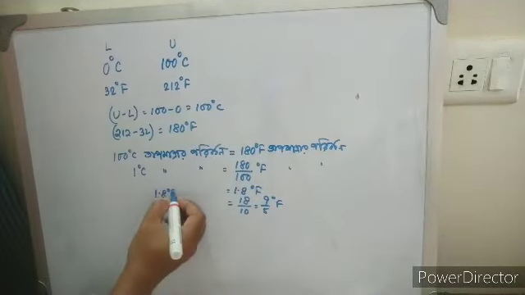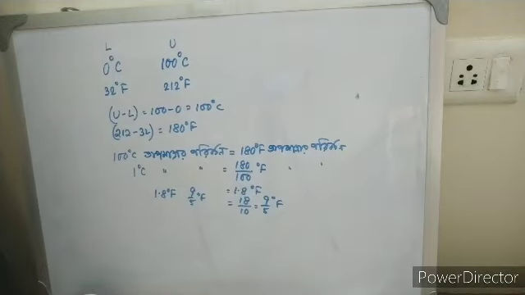Okay. তার মানে প্রতি 100 ডিগ্রি সেন্টিগ্রেড তাপমাত্রার পার্থক্য 180 ডিগ্রি ফারেনহাইট তাপমাত্রার পার্থক্যের সমান. And that's why we are using per degree centigrade change in temperature equals 9 by 5 degree Fahrenheit change in temperature.